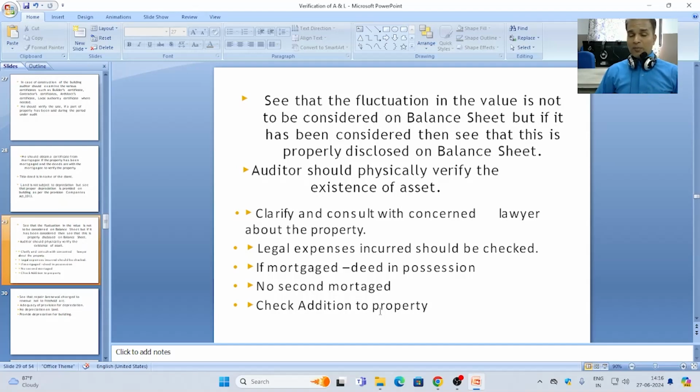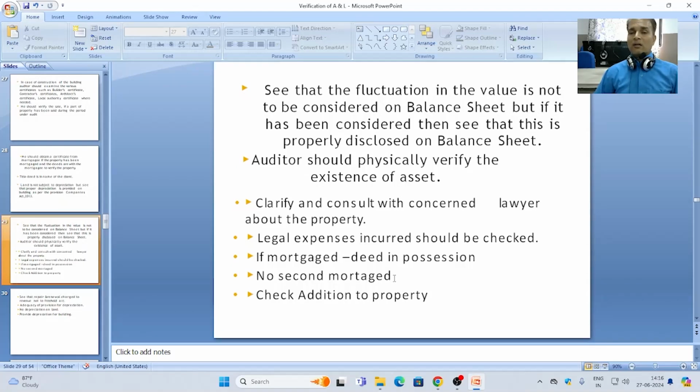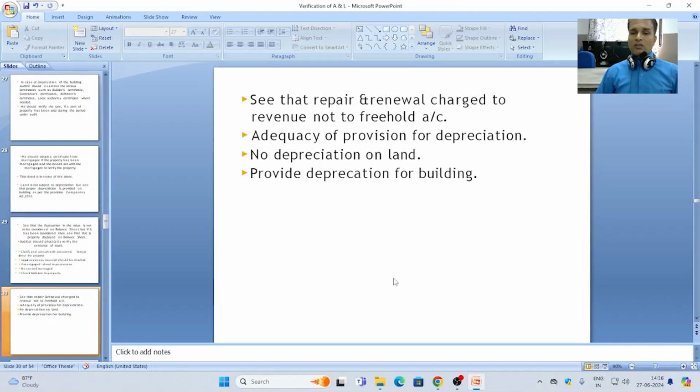The auditor is expected to properly verify the mortgage and second mortgage of the property. The auditor can also see that repair and renewal are charged to revenue, not to the freehold account. All the repair and maintenance of a small nature should be debited to the debit side of the profit and loss account.